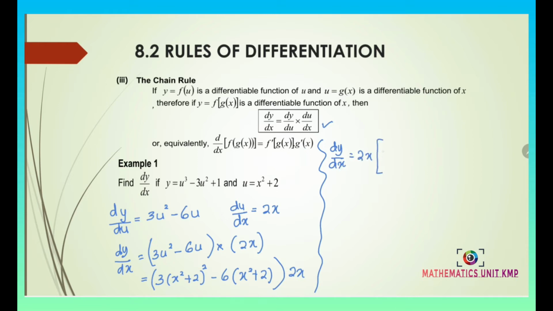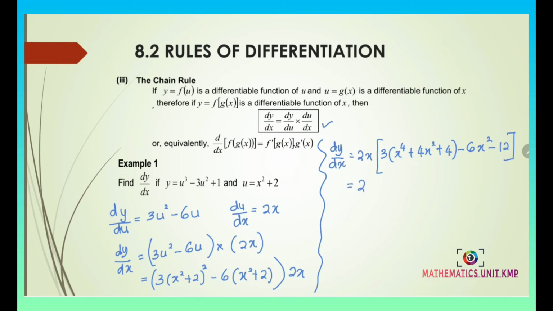Then we simplify in the big bracket first. (x squared plus 2) all squared, we get x to the power 4 plus 4x squared plus 4, minus 6x squared minus 12, and we close the bracket.